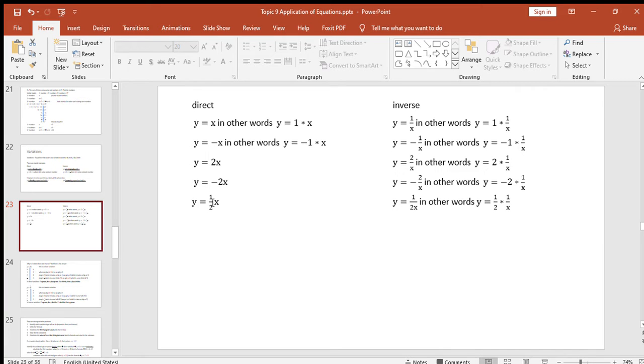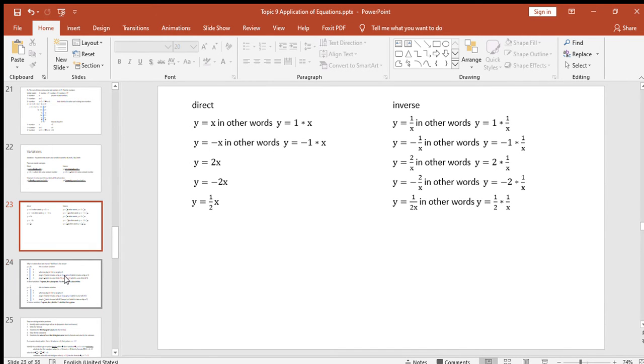It can be any number. You can convert the fraction to decimals, but I prefer fractions because we can simplify easier when multiplying x. So again, k can be fractions, and k can be 1 and negative 1.